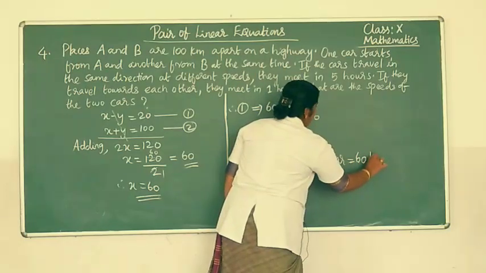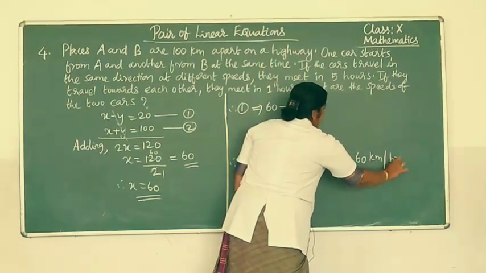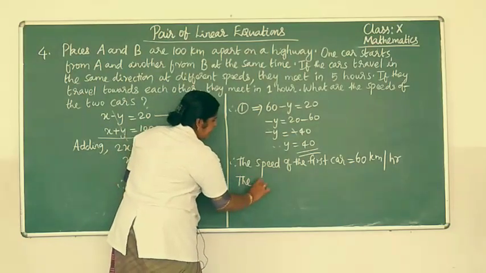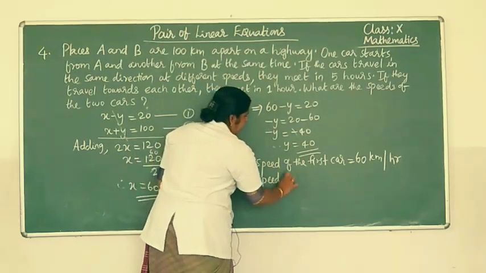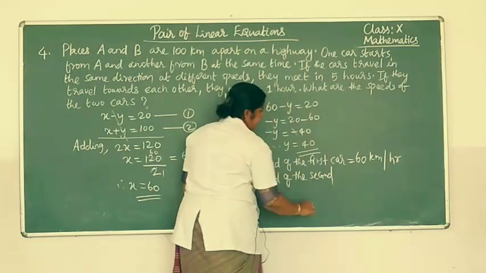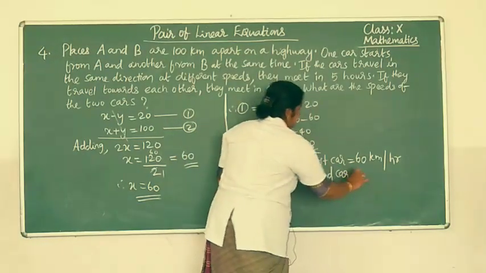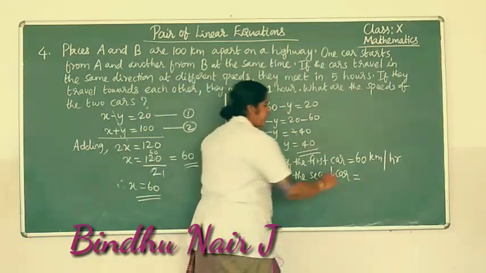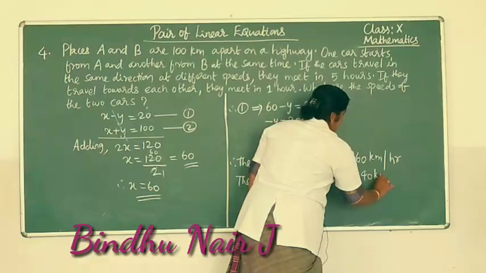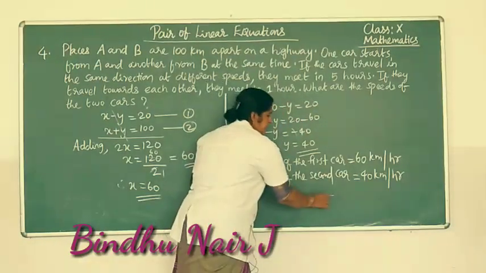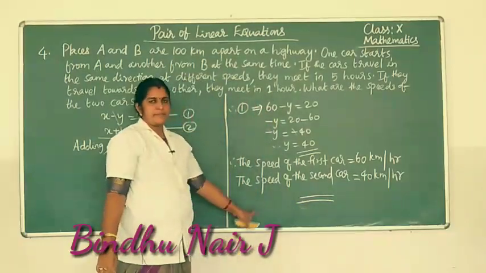And the speed of the second car, that is y, is 40 kilometer per hour. So that is the solution of this problem.